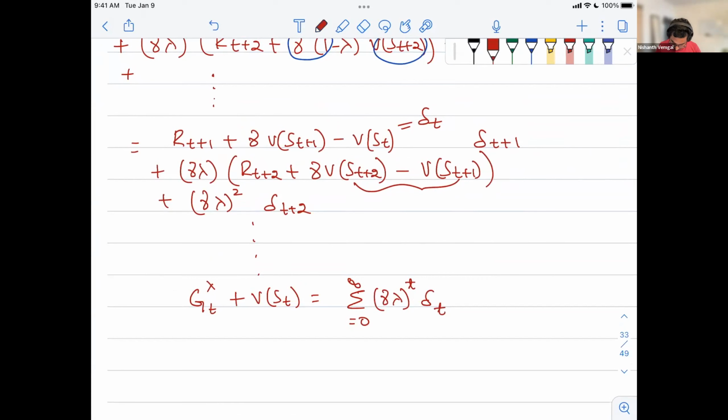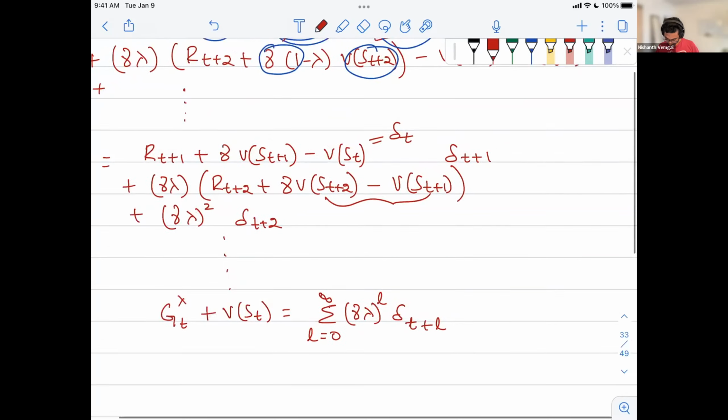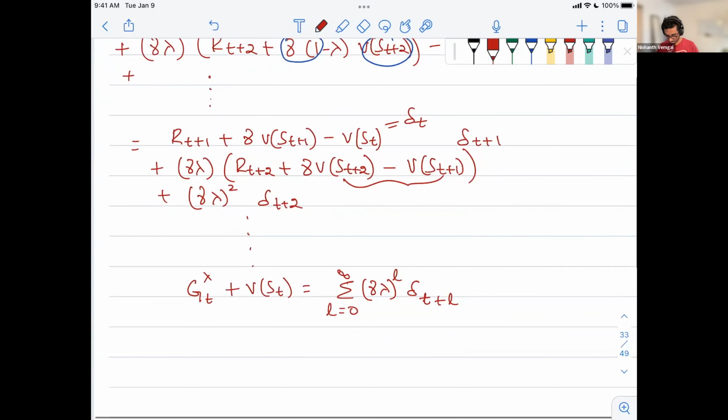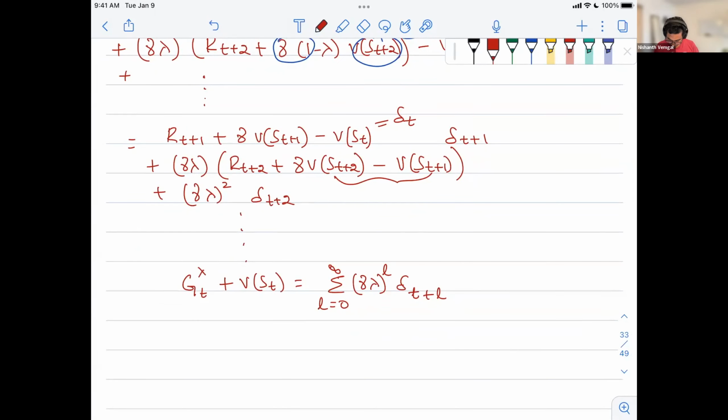So this is what we would get by grouping all the terms.